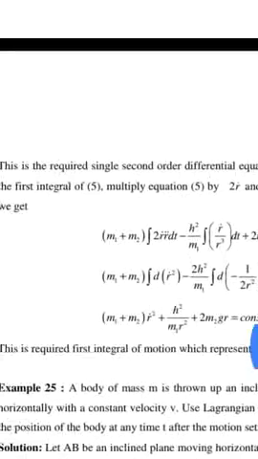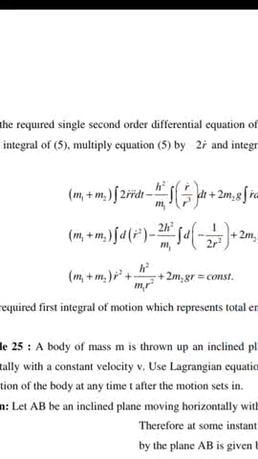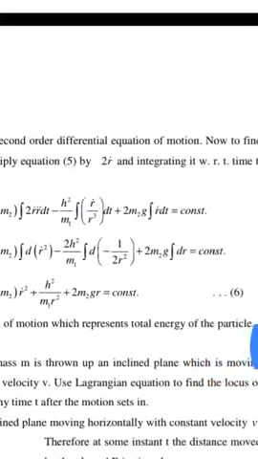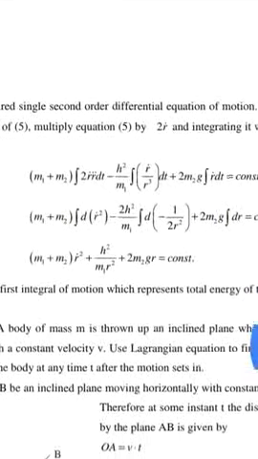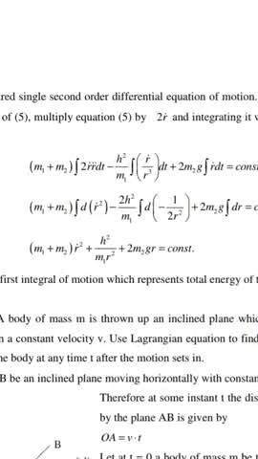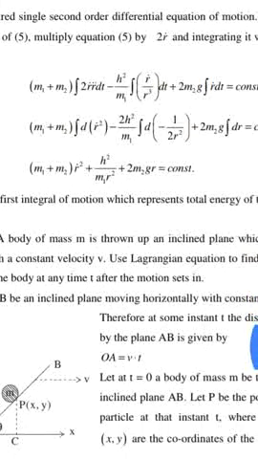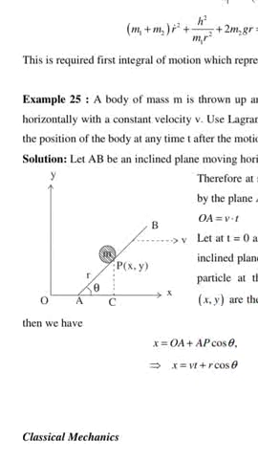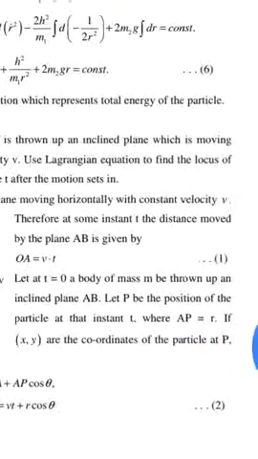Now to find the first integral of this, we multiply by 2 r dot and integrate with respect to t, and we get (m1 plus m2) r dot square plus h square divided by m1 r square plus 2 m2 g r is equal to constant. This is the required first integral of the motion, which represents the total energy of the system.